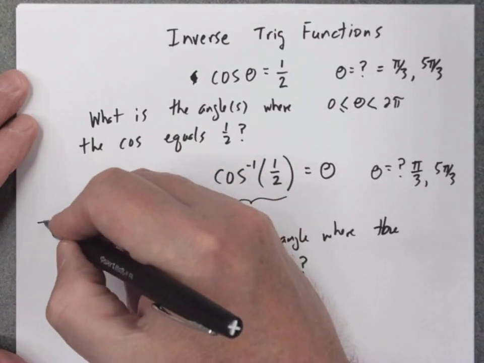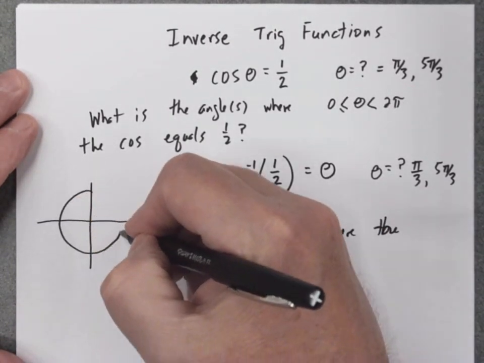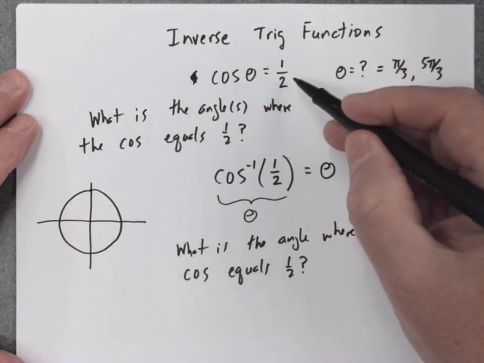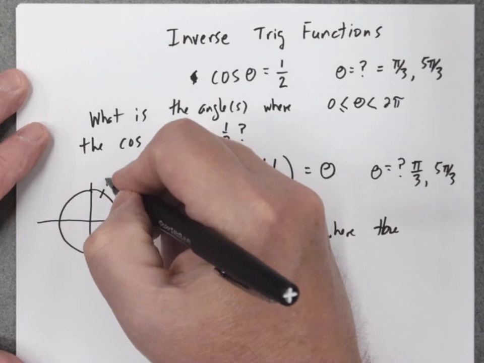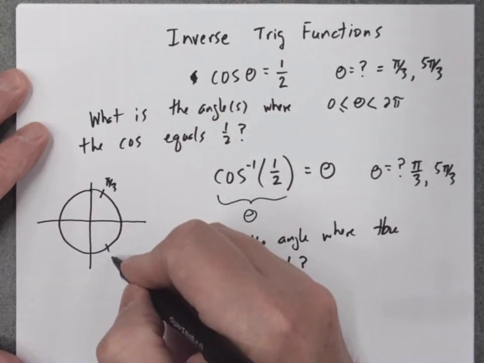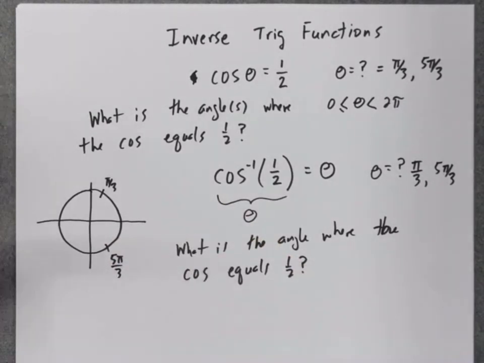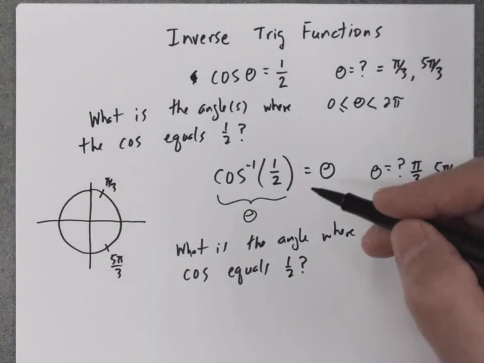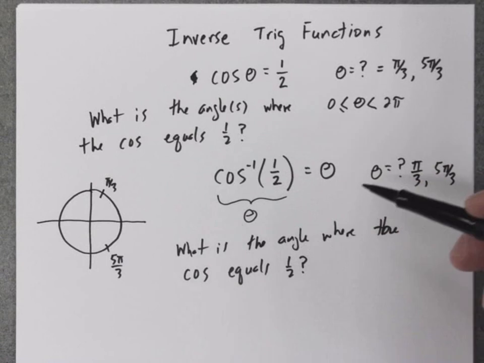Let me explain it this way. Let me sort of draw a unit circle here. For this first problem, pi over 3 and 5 pi over 3, for both those angles, the cosine is 1/2. So now when I get to the inverse cosine, I ask the same question.